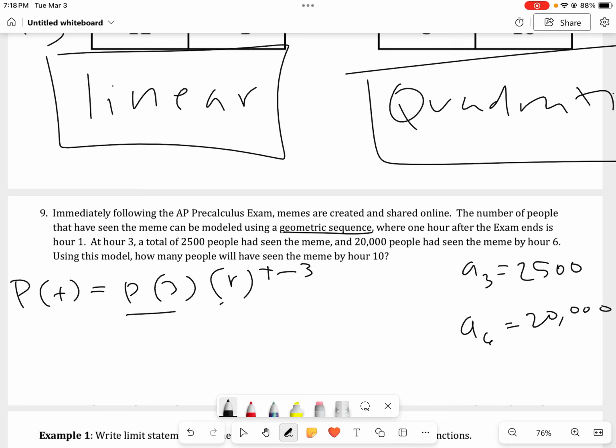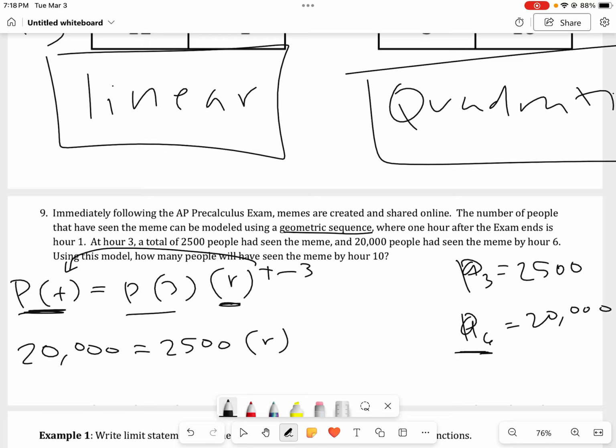Now since we want to find R, we can't just leave that as P of T because we're going to have multiple variables that we have to find, and we can't really do that. So we're going to put something we do know. We do know A of 6 is that. So we have 20,000 is P of 3, sorry, this should be P, that should be P. We know that P of 3 is 2,500, so we can plug that in. R, and then T minus 3, well, T is this term right here.